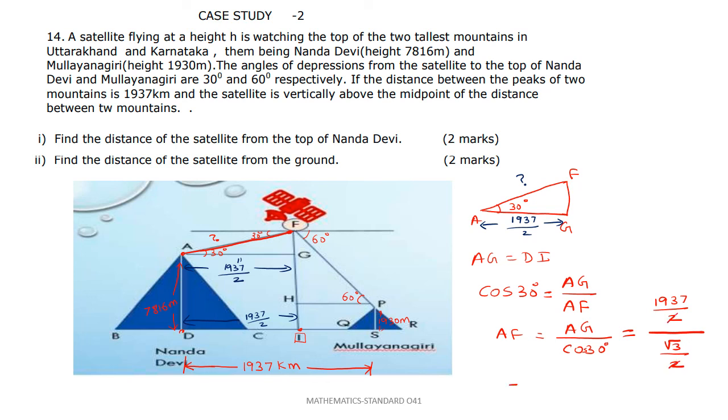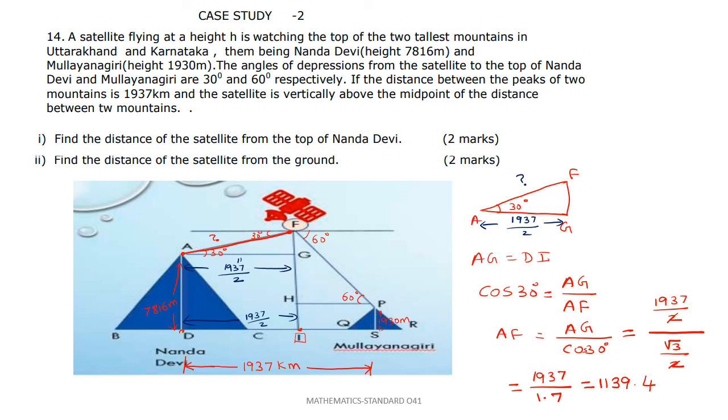So 1937 divided by root 3. Root 3 is 1.7, or you can take 1.732 also. Both will give you the correct answer. Little difference will be there, but teacher will give you marks because they did not mention here what is root 3.